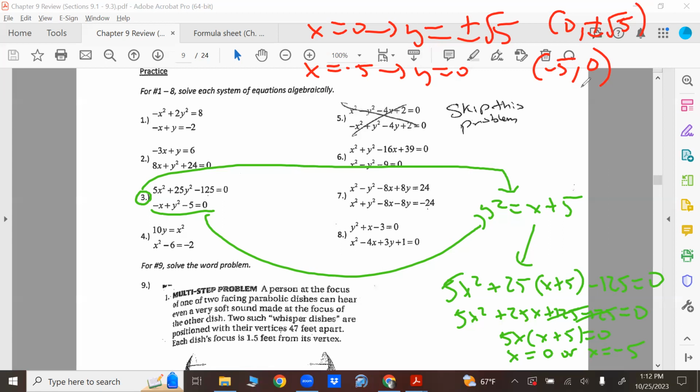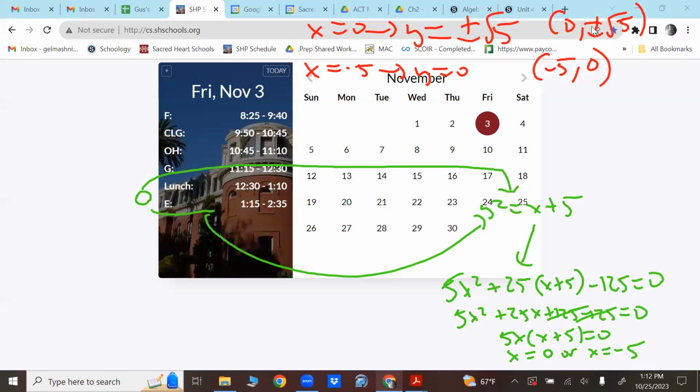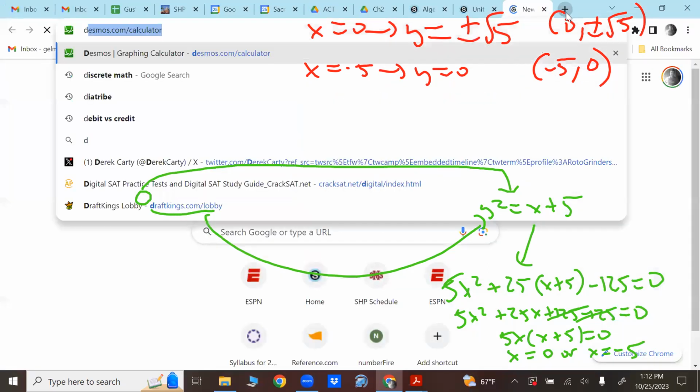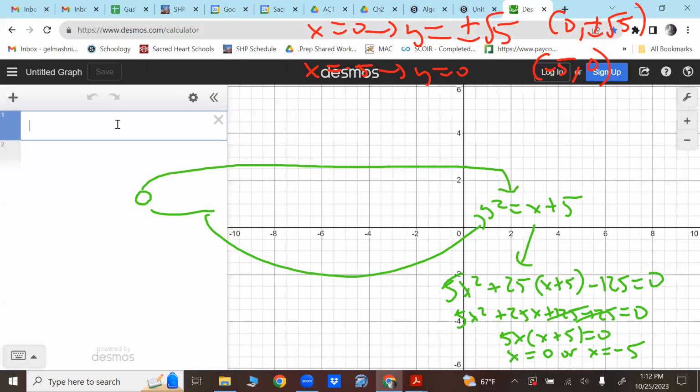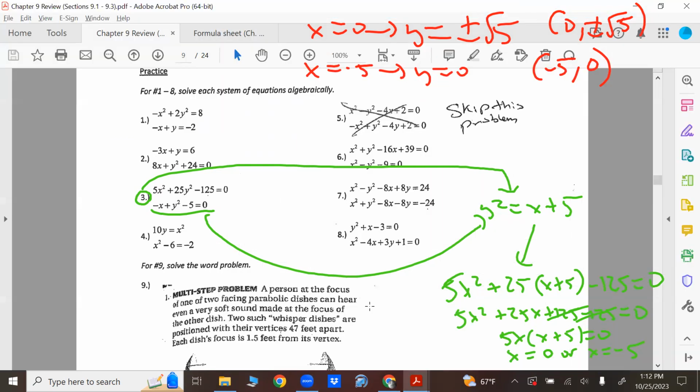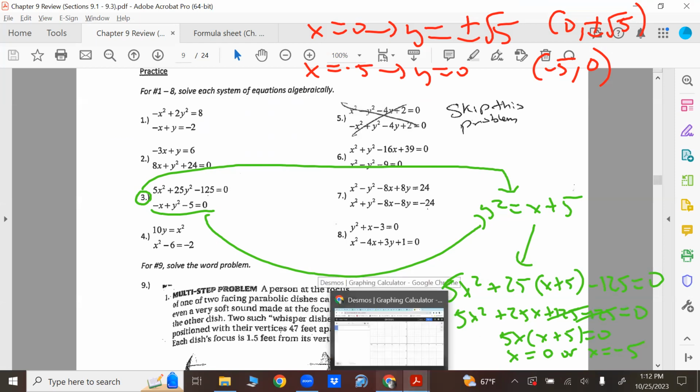-5, 0. Because I got 2 x values when I solve this, I throw them back into this equation and solve for the y values that go with it. Great question. So for any of these x and y values, you can mix and match them as an intersection point. Yes, 100%. But if you have 2 variables, you won't be able to set both equations equal to 0 and solve it.